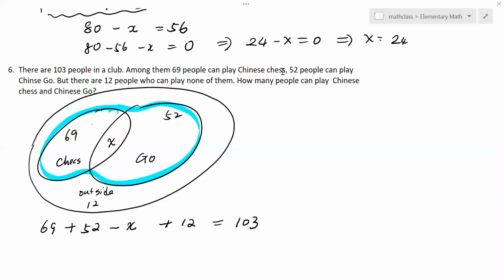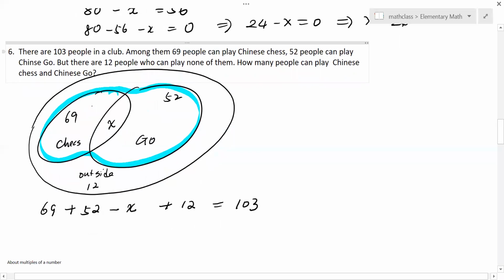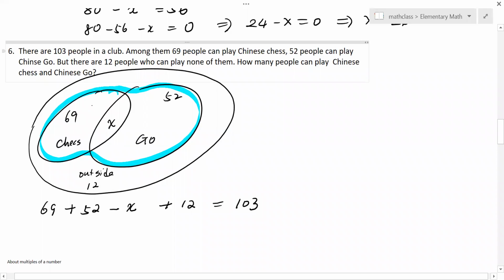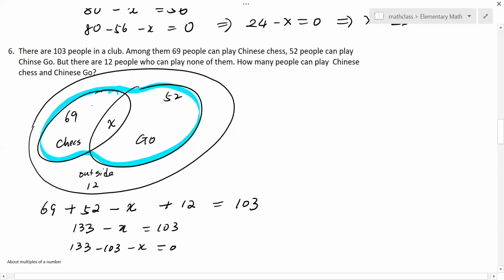Then you just do the calculation. 69 plus 52 plus 12 is 133 minus X equals 103. Now you subtract 103 from both sides, and you get 30 minus X equals 0.